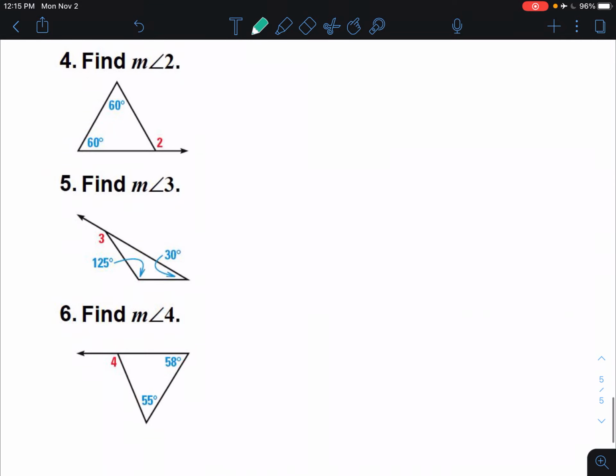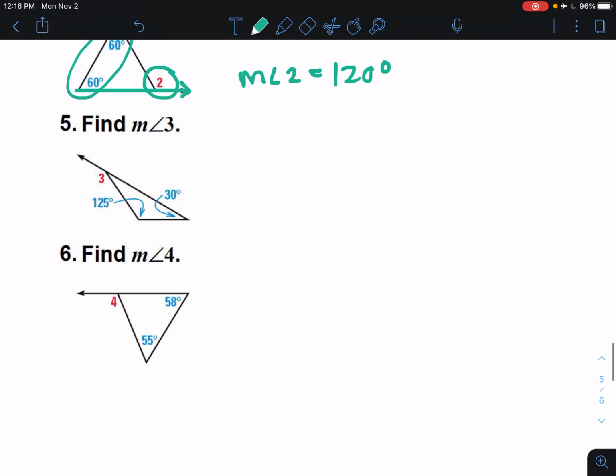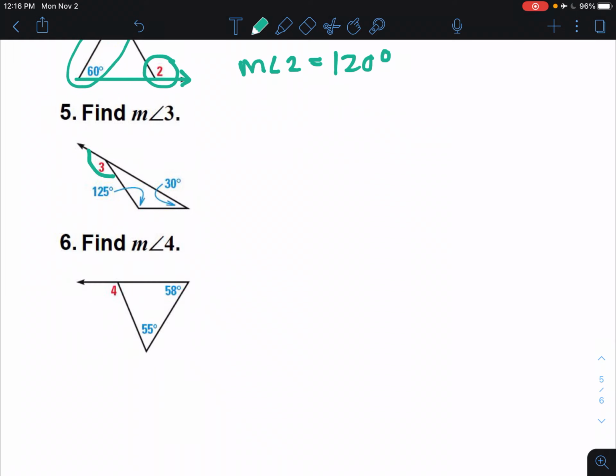All right, let's try it again. See how this exterior angle is extended? And we know now that the exterior angle is the sum of the two opposite angles in the triangle. So the measure of angle 2 is 120. Let's try it again. The measure of angle 3 is the same as the sum of the two opposite angles in the triangle.